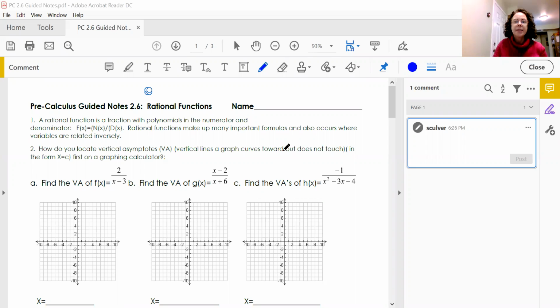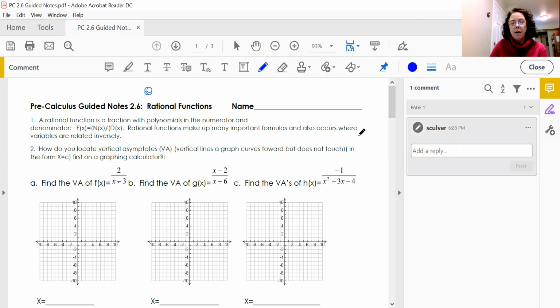In Algebra 2, in the dreaded Chapter 8, you did rational functions and looked at horizontal and vertical asymptotes using the graphing calculator. Now we're in pre-calc, and we are going to find horizontal and vertical asymptotes on our own, without a graphing calculator, by looking carefully at the rational expressions given to us.